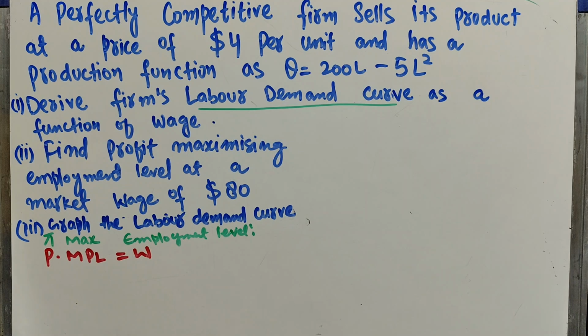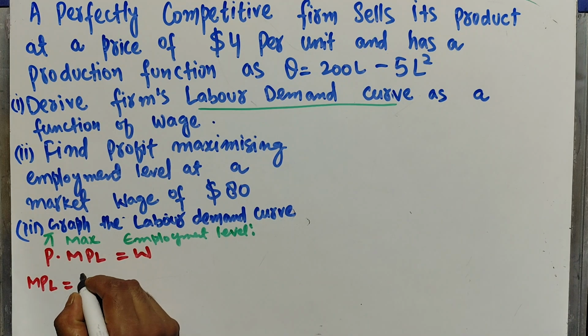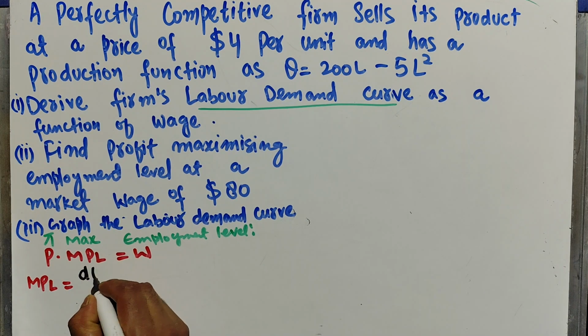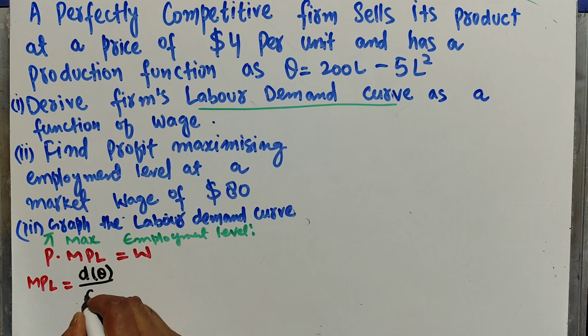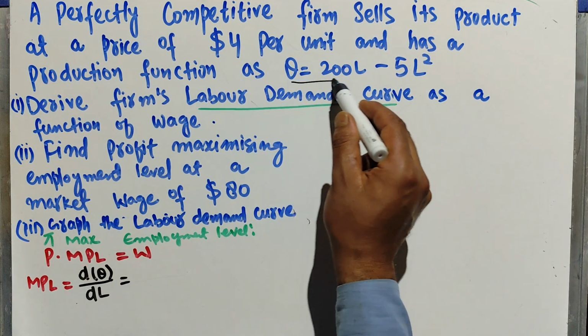First, we need to find the marginal product of labor, which is simply the change in output due to the change in the units of labor employed. That is the derivative of the given production function 200L - 5L².